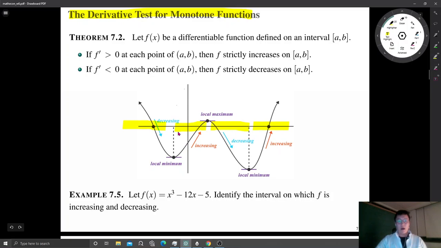So on this interval, the slope of the tangent will be positive. In other words, the sign of the derivative will be positive. Okay? Because the derivative is the slope of the tangent, from the sign of the derivative we can infer whether the function is increasing or decreasing.